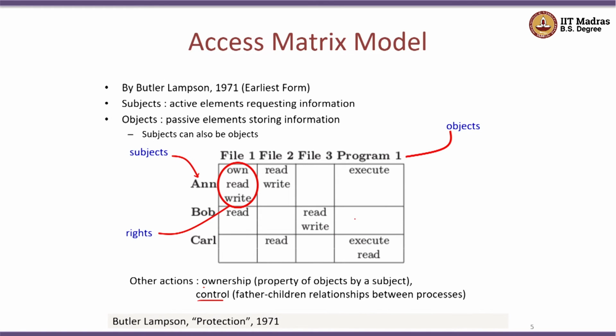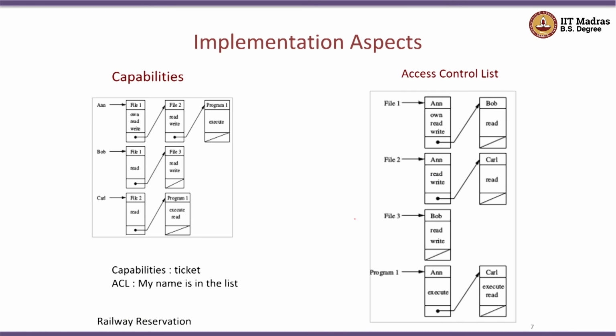So in practice, most operating systems do not use these discretionary access control policies directly, but essentially implement one of two methodologies. One is capability based and the other one is with the help of access control lists. In a capability based access control policy, each user, say Anne, Carl and Bob, is essentially given a particular linked list of what it can achieve, right?